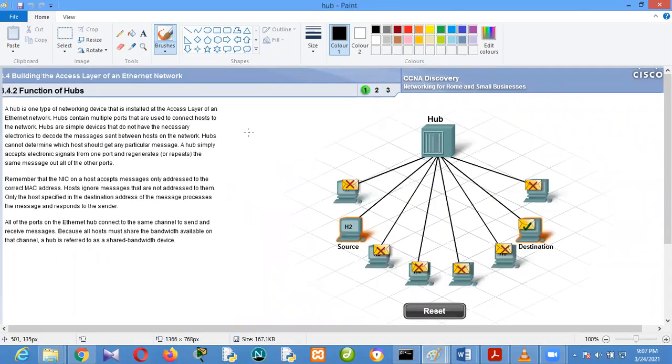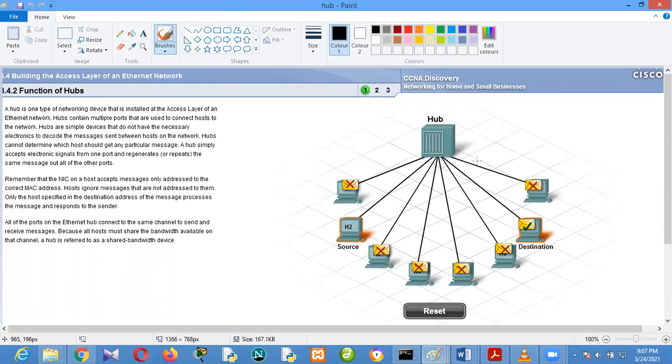Okay, I was starting with hub. What I will do is explain to you the way they operate, their functionalities, so that from their functionalities, you now know the difference between hub, switches, and routers.